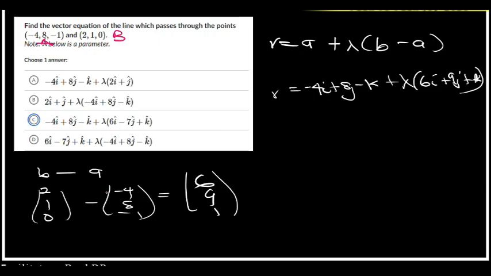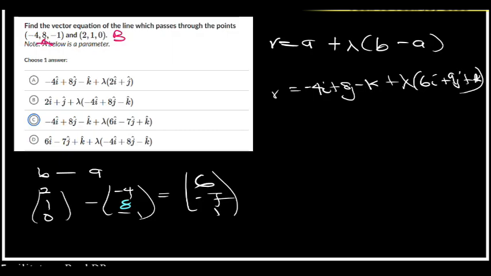Okay, I think we have made an error in the subtraction of B minus A. Sorry, 1 minus 8 will give us negative 7, not 9. So let's do that correction. This is 8. 1 minus 8 is giving us negative 7.